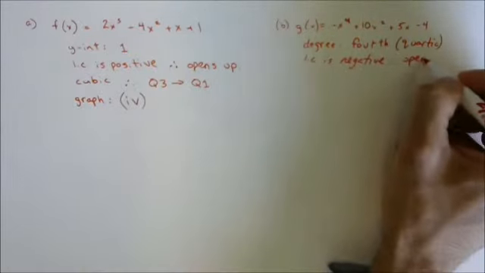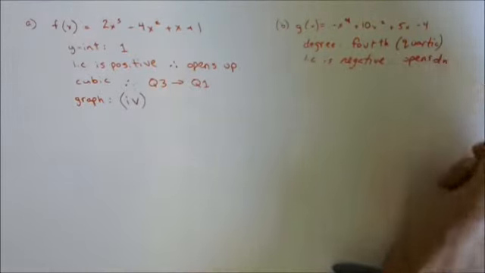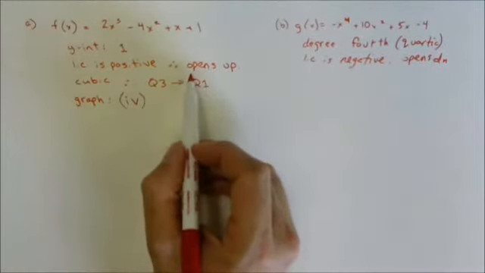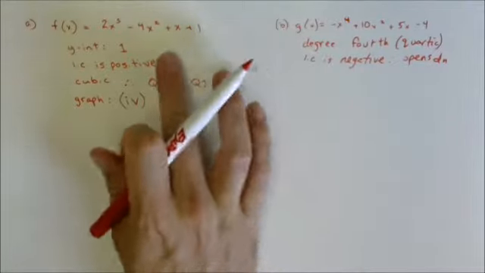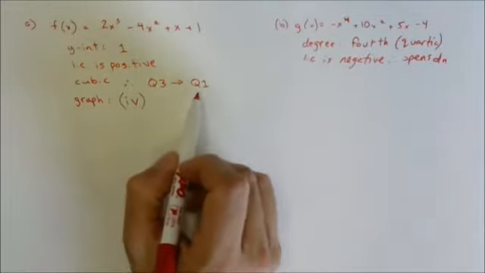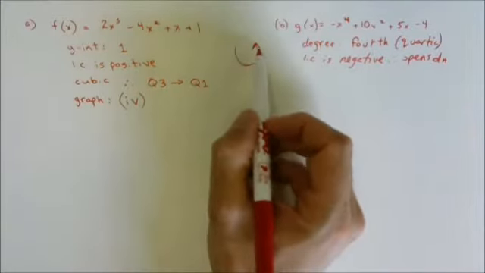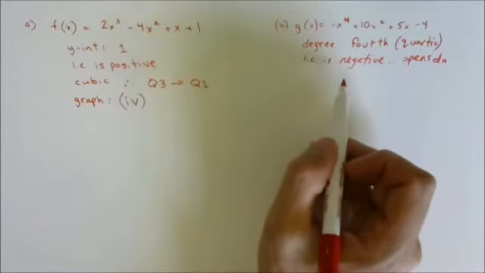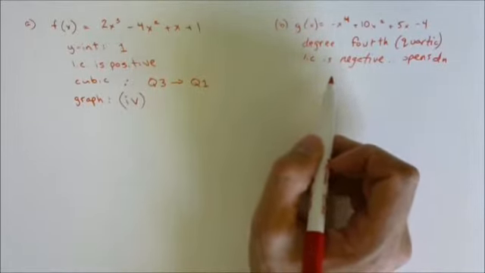Therefore, opens down. By the way, I made a mistake over here. That means because cubics don't really open up or open down. They move from quadrant 3 to quadrant 1, but it doesn't open up like that per se, whereas an even degreed function could. What else do we want to know about this thing?